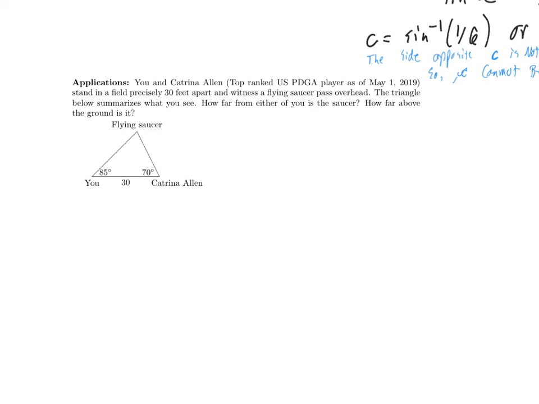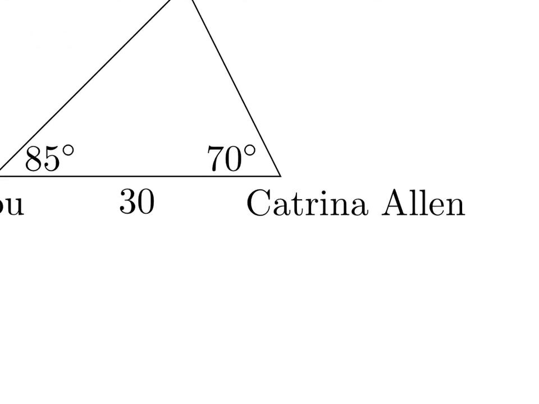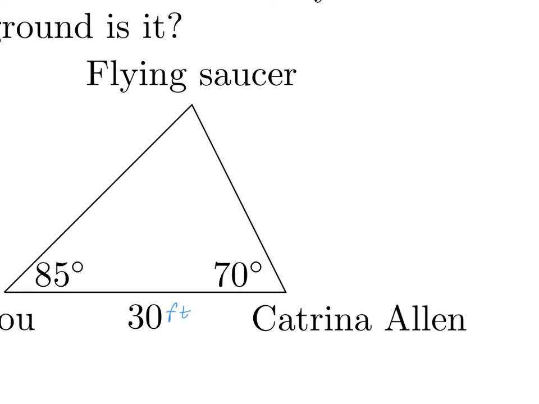So you're standing 30 feet apart. You see a flying saucer. Let's see how I can draw. There, it's a flying saucer passing overhead. Let's give it motion lines. It's moving.